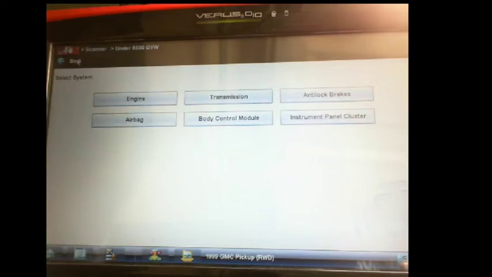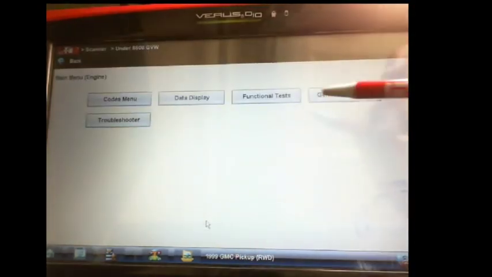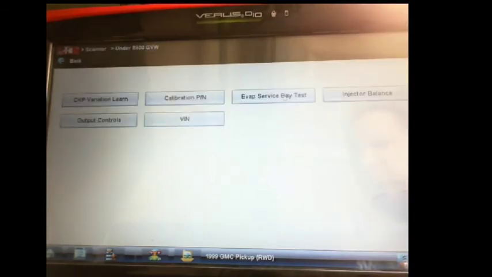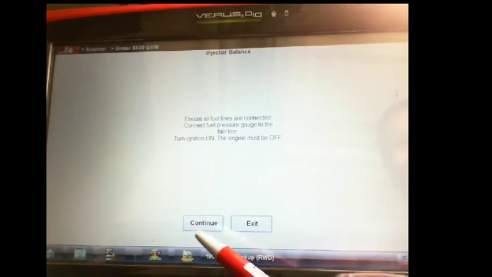If I was to encounter this problem out in the field, this would be my next step, to look at the fuel system. So on our scanner, we're going to go into engine. We're going to continue. We're going to go into functional tests. We're going to look at injector balance. It says ensure all fuel lines are connected.